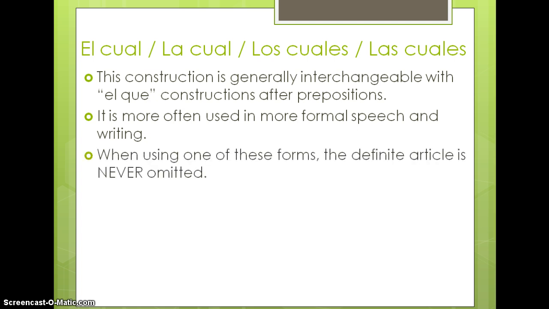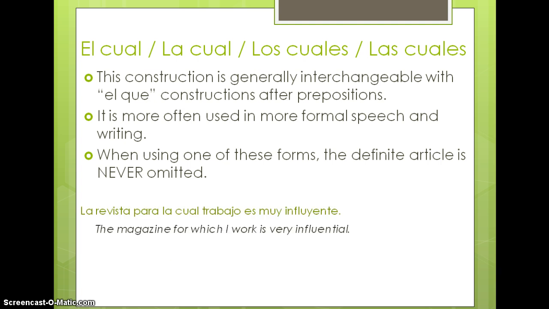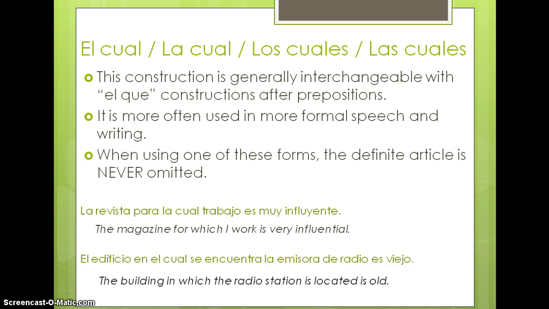When we do use el cual or any of these forms, we may never omit the definite article, even in short sentences, whereas you can with the el que construction. A couple of examples. La revista para la cual trabajo es muy influyente. El edificio en el cual se encuentra la emisora de radio es viejo.